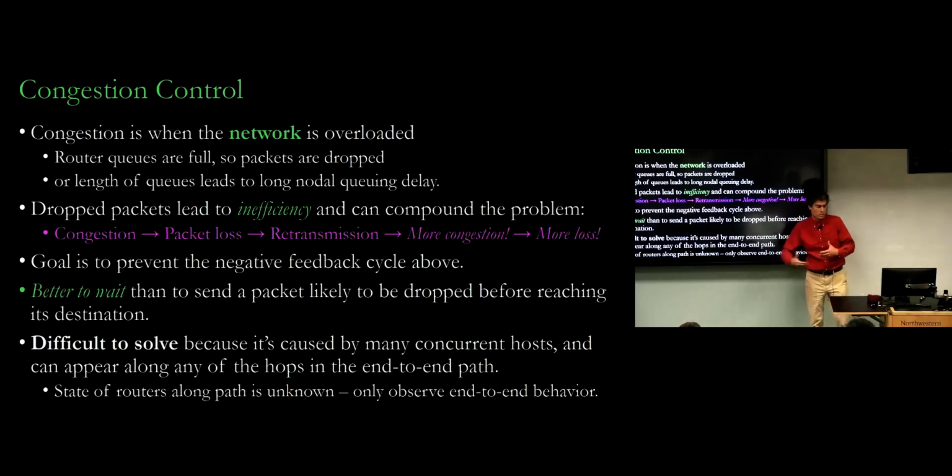And the reason it gets worse and spirals out of control is that if you're trying to send X amount of data, and it only gets through to the end 50% of the time, then you have to send 2X data. All the packets that you send that never get to their destination are wasted effort, and they waste network resources.